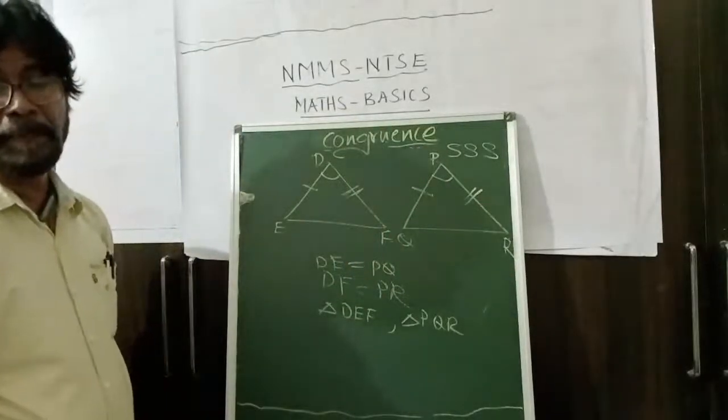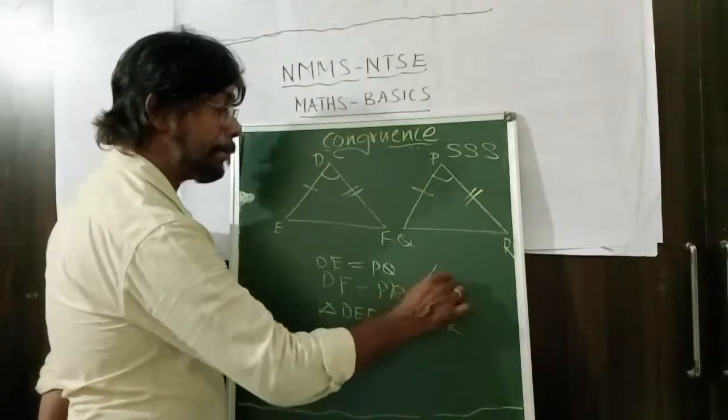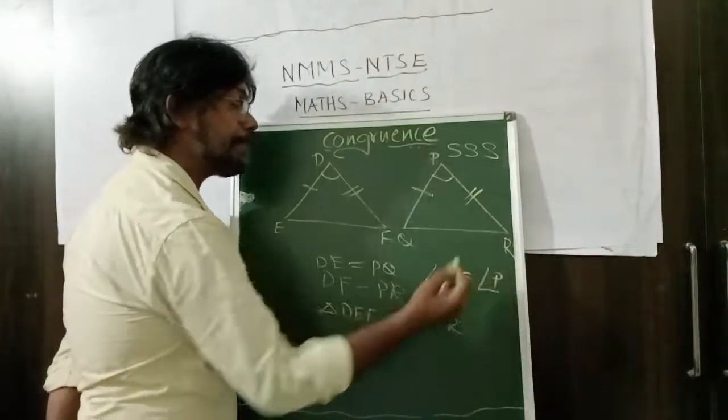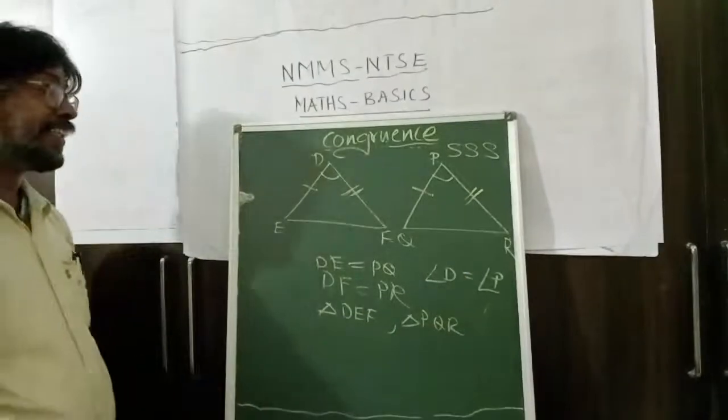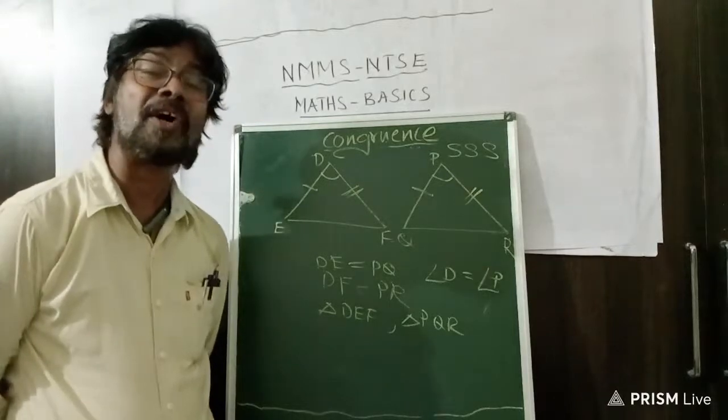And angle D is equal to angle P. Then we say these two triangles DEF and PQR are congruent to each other.